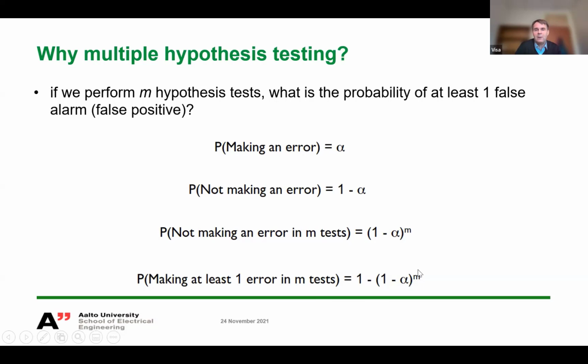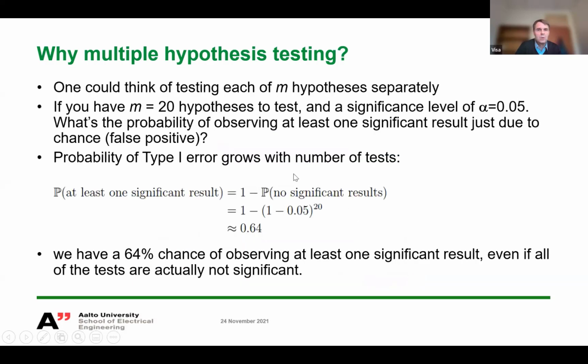And if you evaluate this with different values of M, you will see that it gives you pretty bad news. For example, if you have 20 hypotheses to test, and, just like in many statistical testing scenarios, you determine the significance level to be 0.05, then the probability of coming up with at least one false positive would be 0.64.